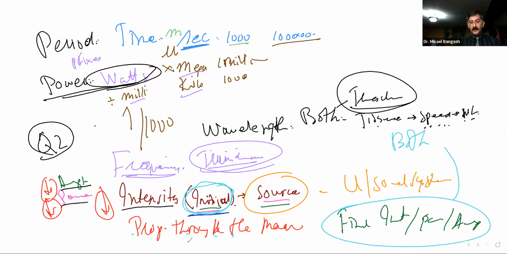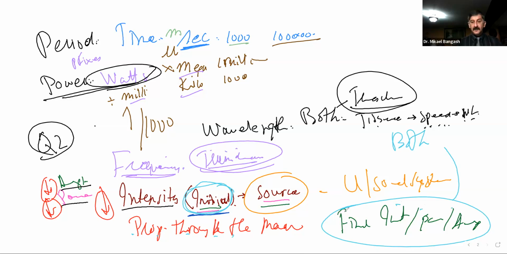It is the nature of the tissue that will cause a specific degree of decrease in these parameters. Did that make sense?